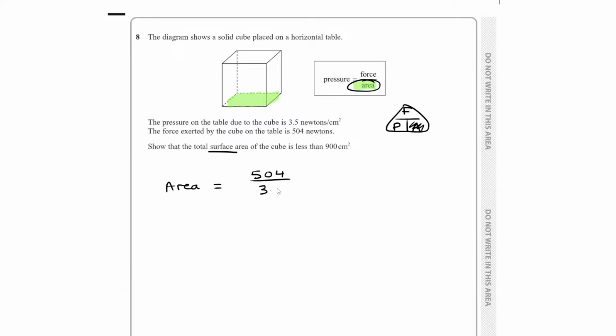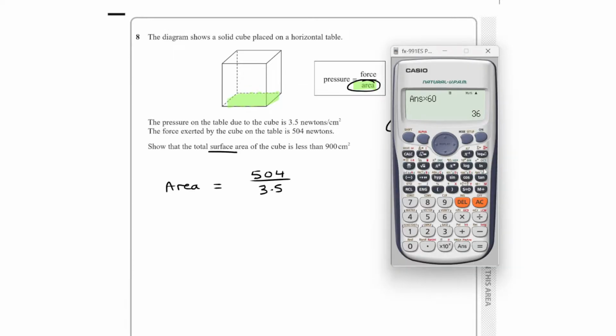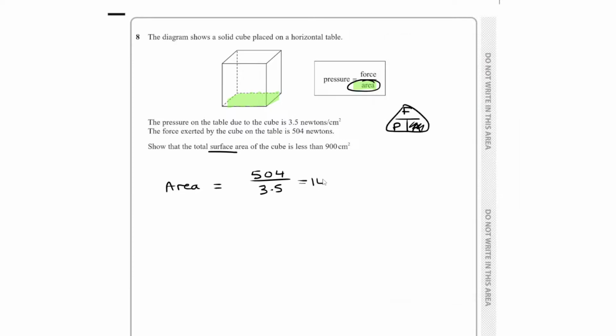which is 3.5. Type that in. Oh, not 305, 504. Go back, make sure you type it in properly. So that's 144. Now that's in terms of centimetres squared, because they've told us there. But that's not the final answer, okay? That is just the area of one face.